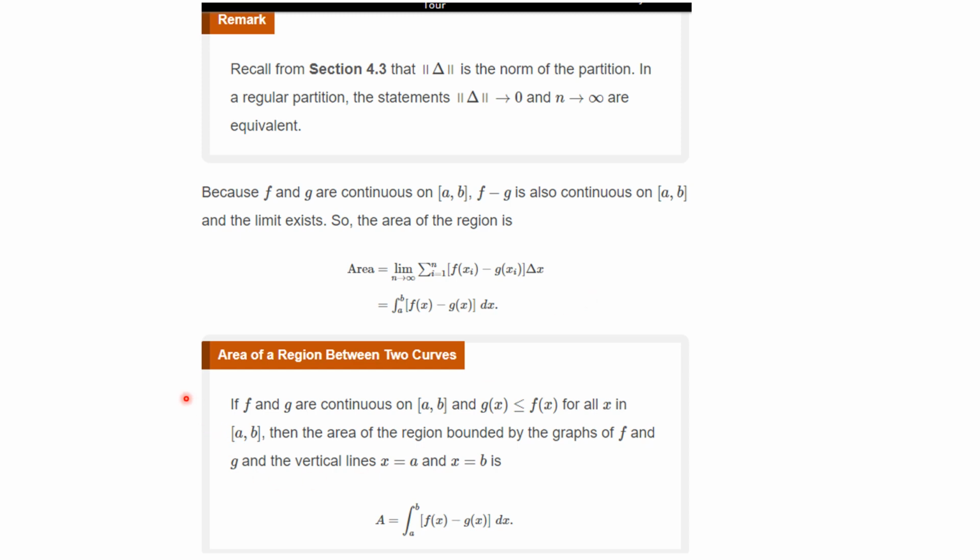So we have this result, the area of a region between two curves. If f and g are continuous on [a, b] and g of x is less than or equal to f of x, then the area of the region bounded by the graphs of f and g and the vertical lines x = a and x = b is the definite integral from a to b of f of x minus g of x dx. We're taking the larger values minus the smaller values.